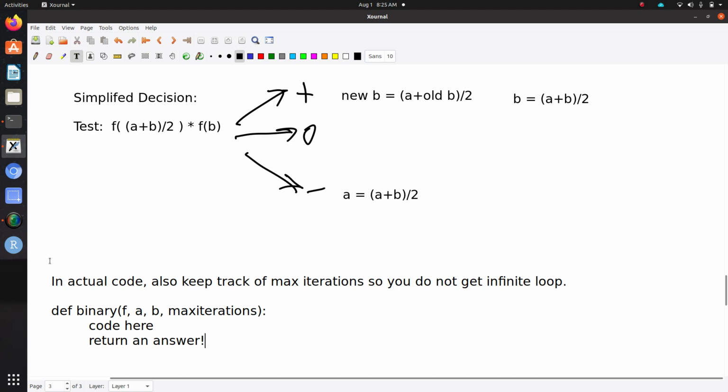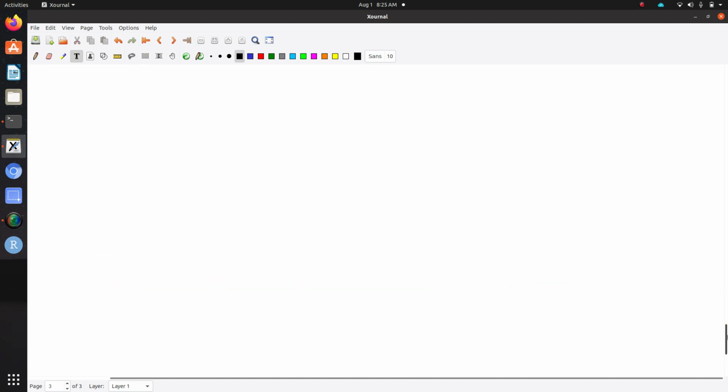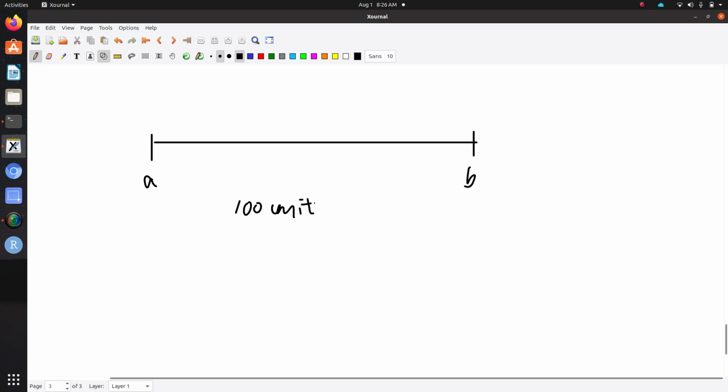So having given you the disclaimer, the last thing I want to say about the bisection method is that every iteration you go through divides the domain in half. So if you're going from A to B, and this is 100 units, and you want accuracy to 0.001, how many iterations is it going to take?